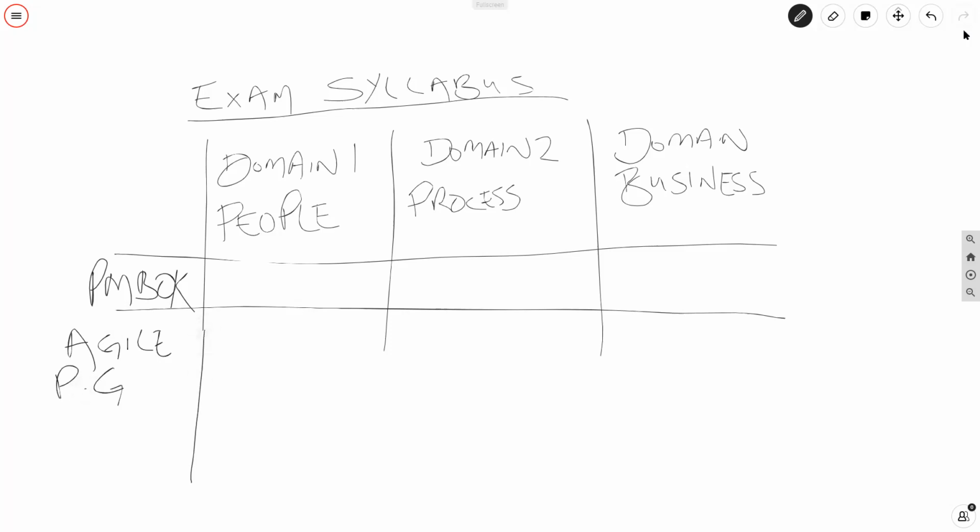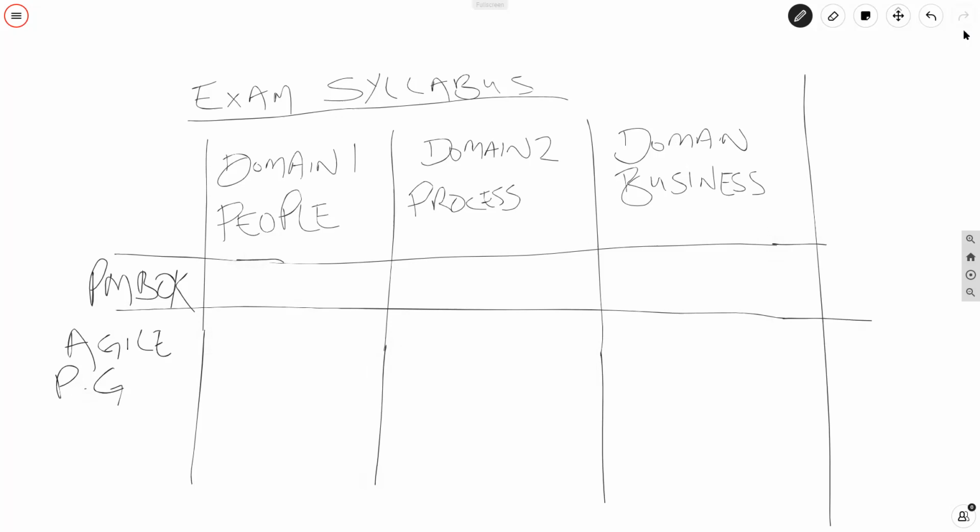I know a lot of folks have study guides and study aids that they use, and a lot of these predate the current exam. So my suggestion to you is to not worry that much about having a study guide that maps directly to the domains.